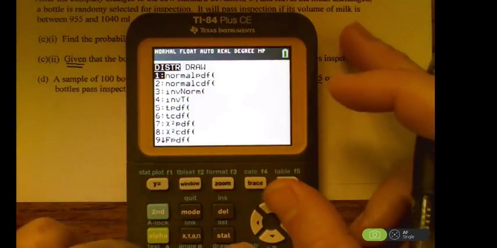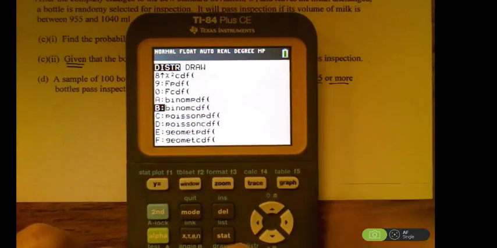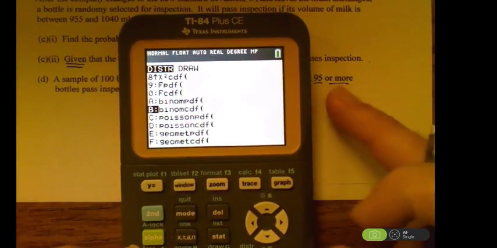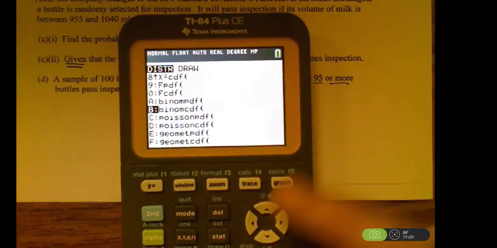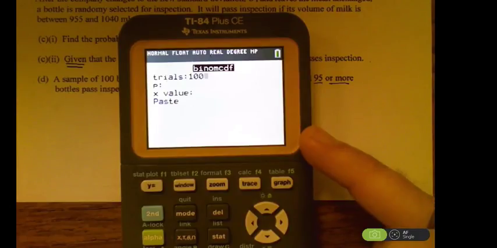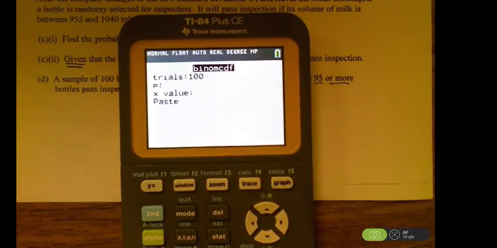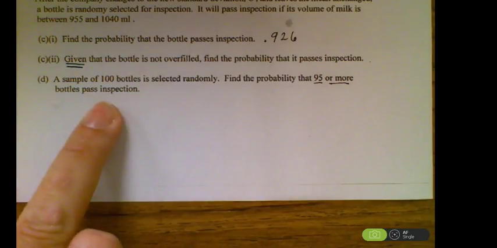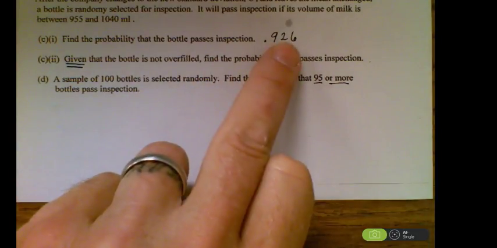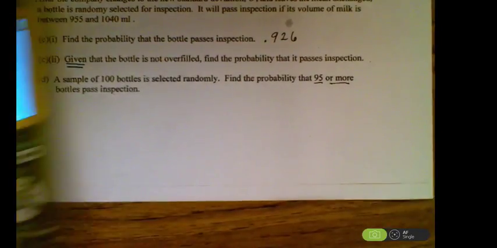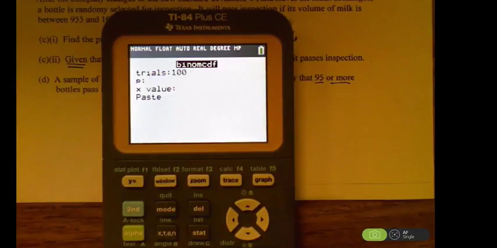Let me go into distribution, binomial CDF. Since we're dealing with a group of answers, it didn't say 95, it said 95 or more, so it's cumulative. So binomial CDF. We got 100 bottles. And in this case, remember the probability of success we found earlier on. This one's talking about passing inspection, and we figured that probability for passing inspection was the 0.926. So that's our probability that's going in.